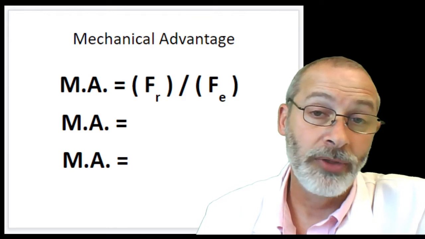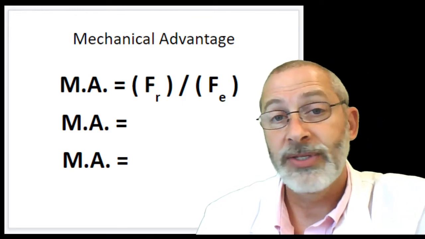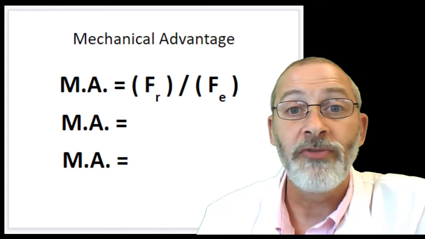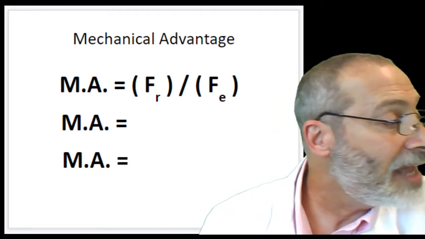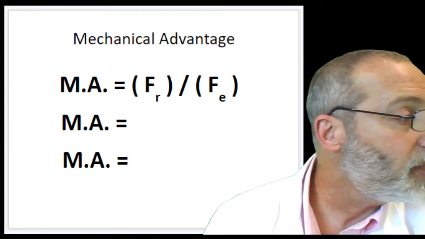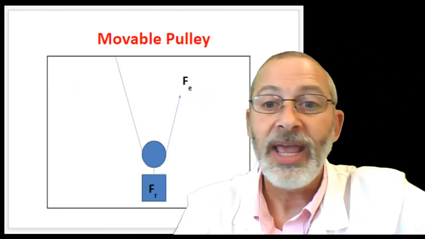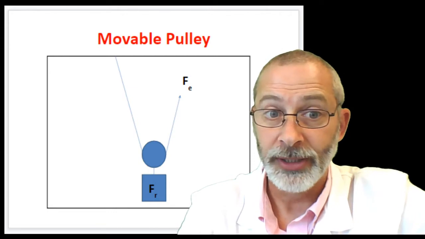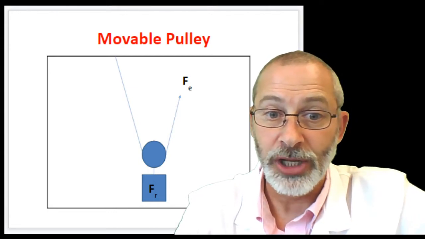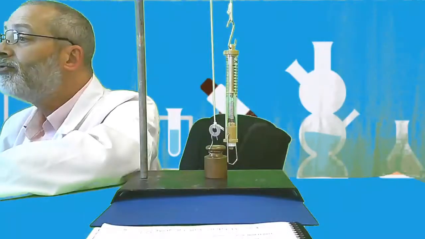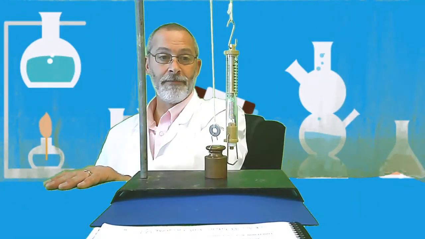The smaller the number, it's not any easier to do the work. So keep that in mind as we move on to our next step here, which is to create a movable pulley. So I'm going to go back over to the close-up view and show you the movable pulley system.